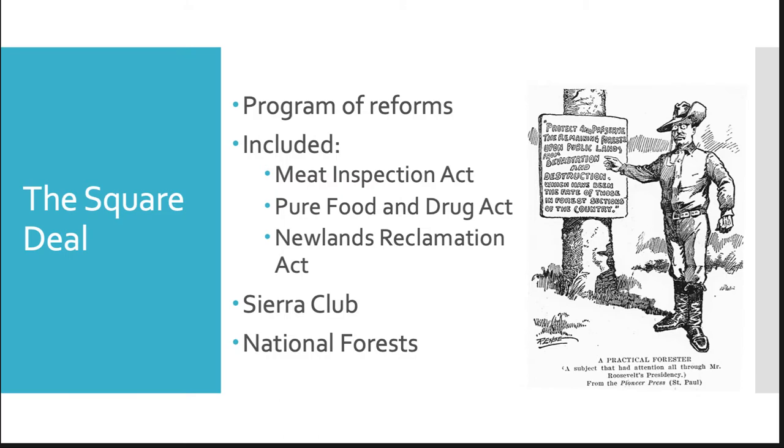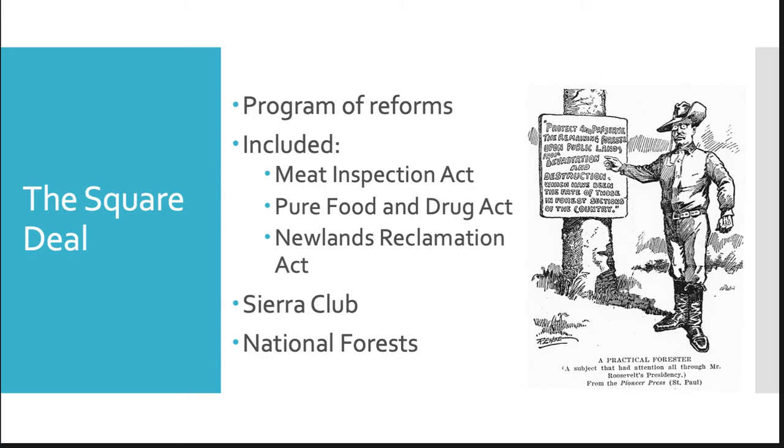Now, Teddy is going to have what we call the Square Deal. Okay, we are going to start to see these legislative packages coming with presidents from here on out. We're going to hear the Square Deal. We'll hear the New Deal. We'll hear the Fair Deal.